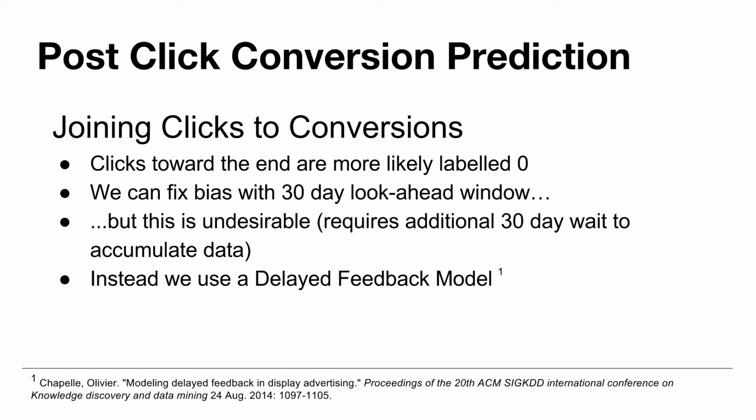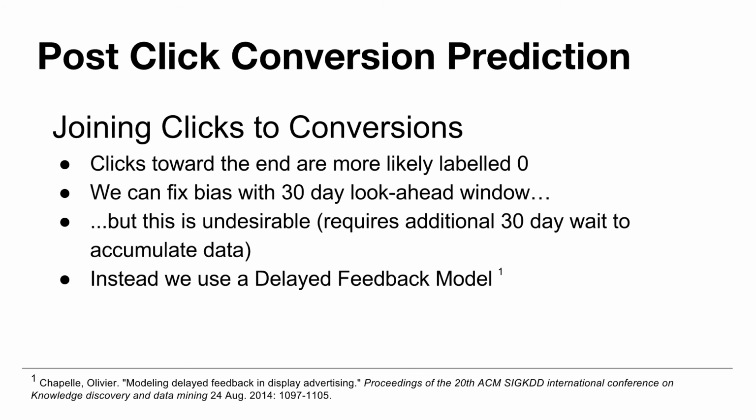We don't want to tell our customer, hey, wait, come back in 30 days once we have your data. So instead, there's this paper by Olivier Chapelle, which uses what's called a delayed feedback model. We also have implemented this and found it to be productive. In fact, an intern, Bo, pushed for this and developed the initial implementation, and then I built out the full implementation.